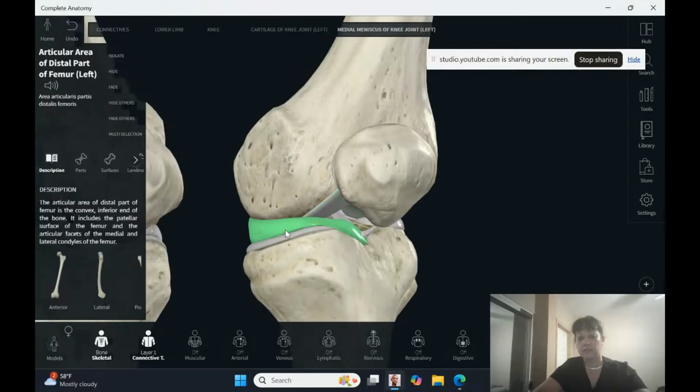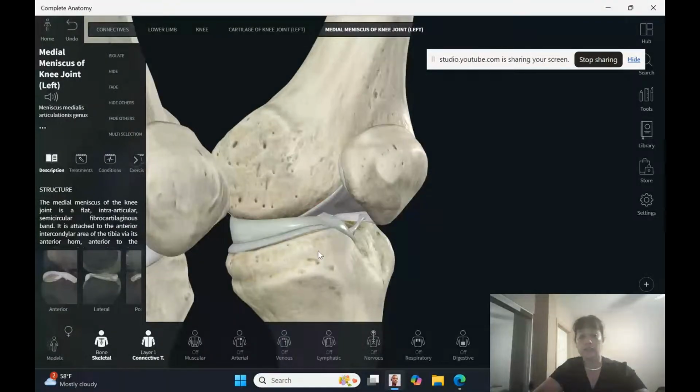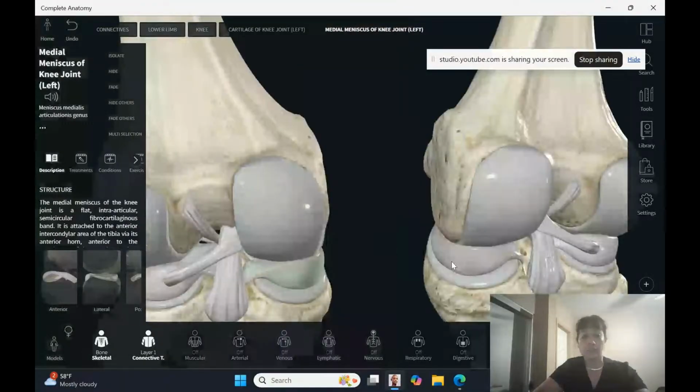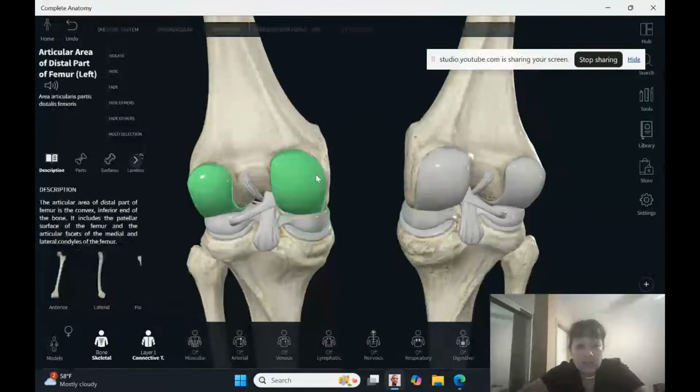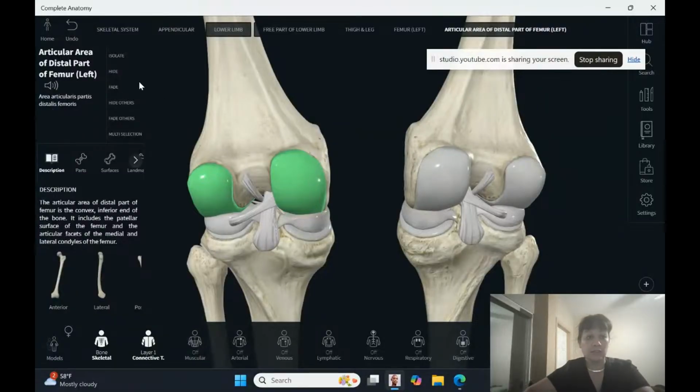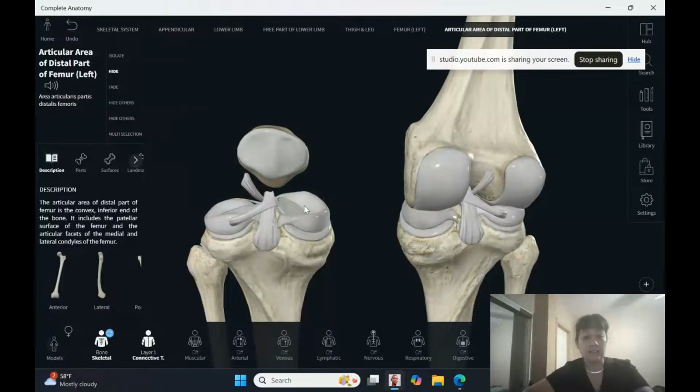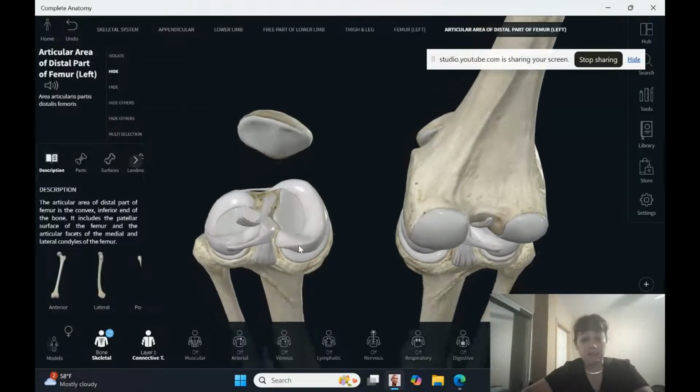This is the menisci. It's actually attached to, so this is the condyle of the femur, hyaline cartilage. I'm going to go ahead and remove this one just so we can look at it, but we'll still have that one. We're going to hide it. And that's the patella without its attachments.